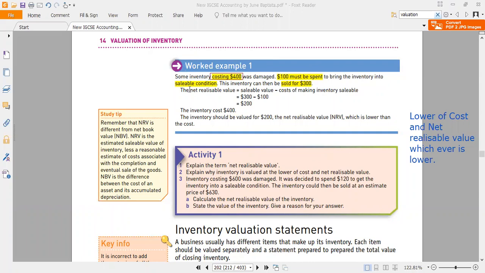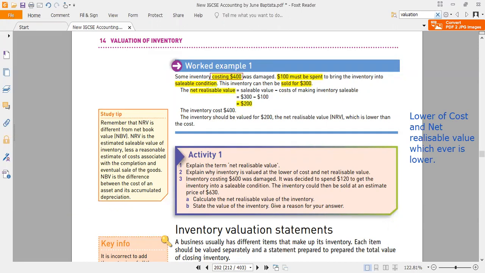We can calculate realizable value by the saleable value, that is 300, minus the cost you have to incur to get it into saleable condition, that is 100. So 300 minus 100 is 200. Up to here, any problem? No, sir. Okay.